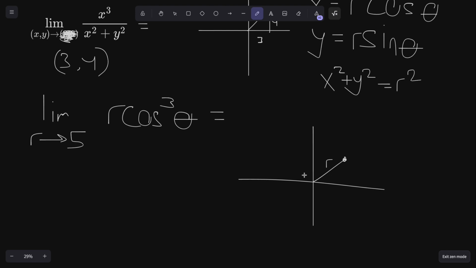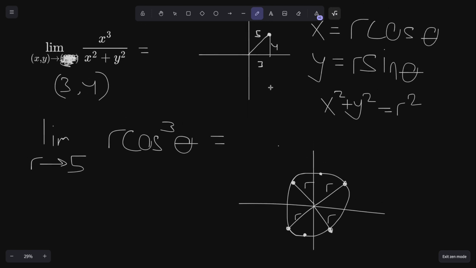In fact, any point on this circle has a radius of 5. That's literally the definition of a circle. Every one of these points has some constant radius. So all of these points you can potentially approach if you're taking the limit as r approaches 5 and you're not careful with the angle that you're approaching from.